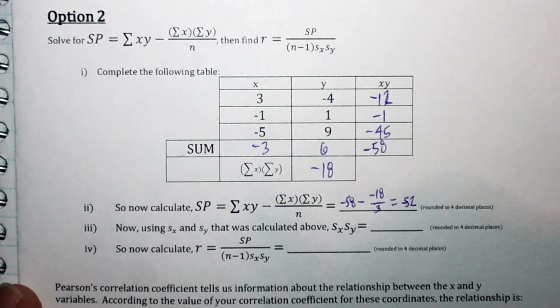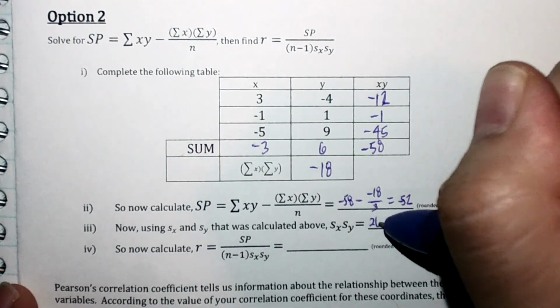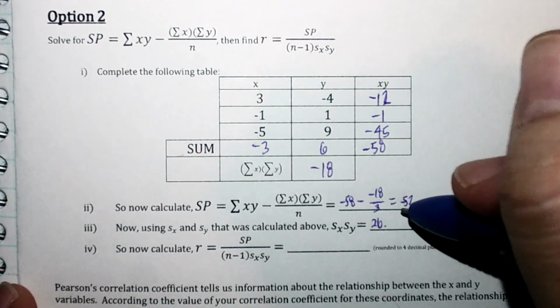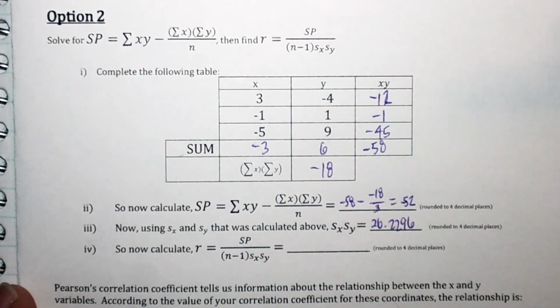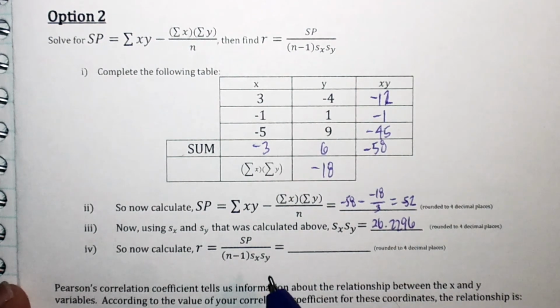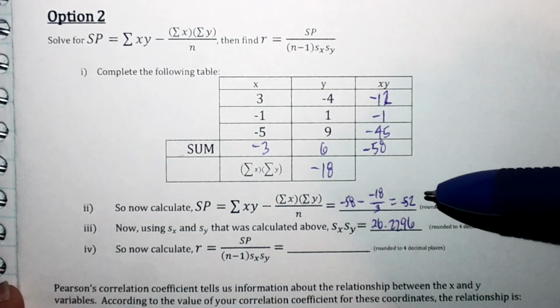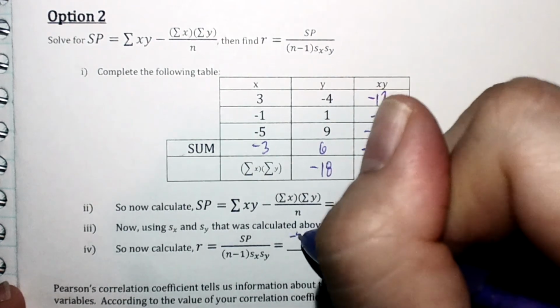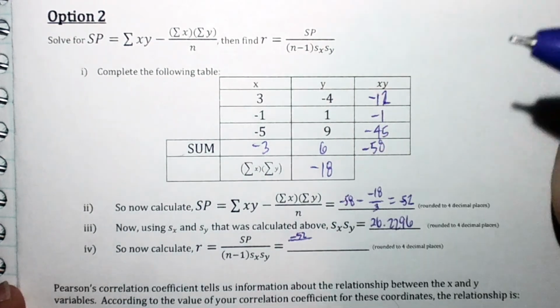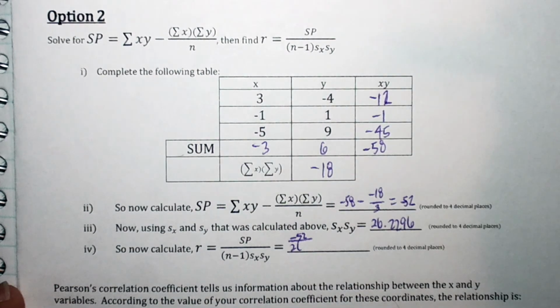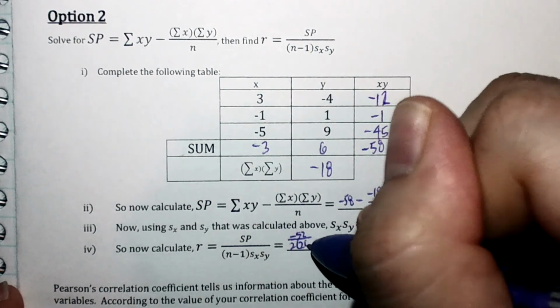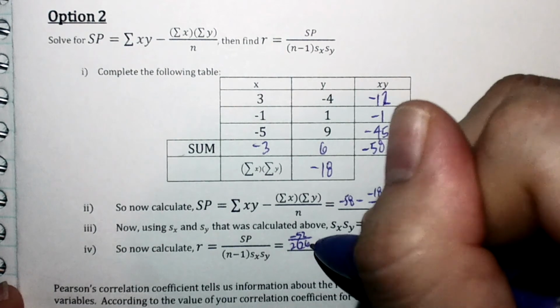Now, using the standard deviations of x and y that we calculated previously, we can multiply standard deviation of x times standard deviation of y, rounded to 4 decimal places, which is 26.2296. And then we can plug everything into our formula for R. So sum of products, negative 52, over n minus 1 is 2, times the product, 26.2296.